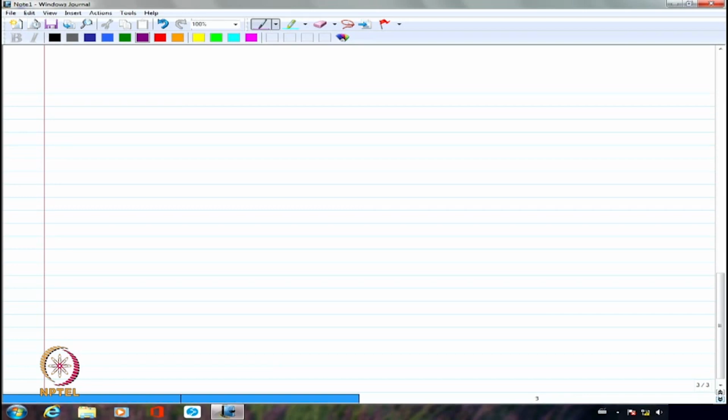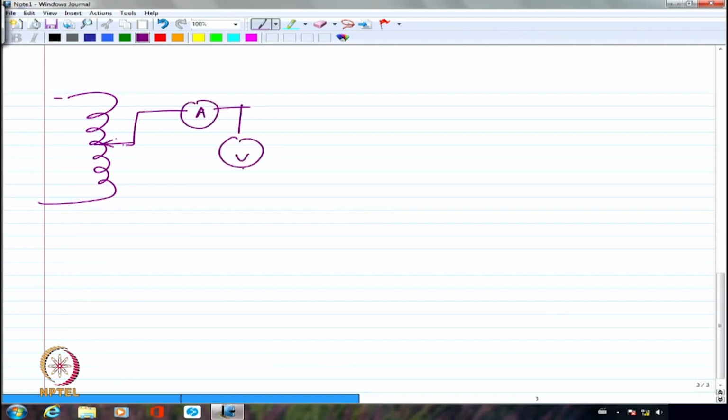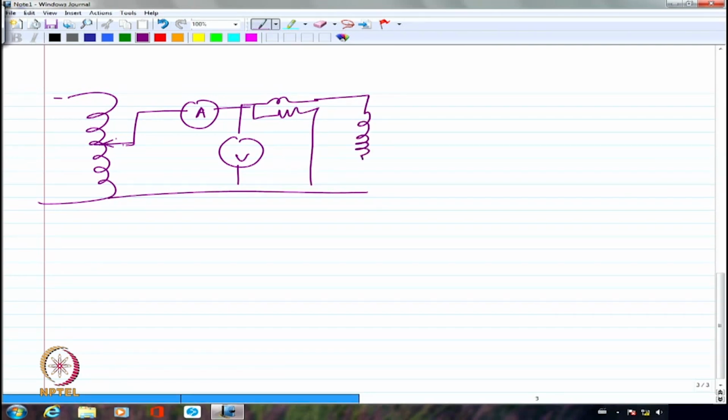So normally for the open circuit test or short circuit test, what you are going to do is to have an auto transformer, and from here you are going to connect maybe an ammeter, a voltmeter, a wattmeter, and then this will go to the transformer under test. This is how it is going to be. Right? If it is open circuit test, you will leave it open. If it is short circuit test, you are going to connect essentially the two terminals and short circuit it basically.